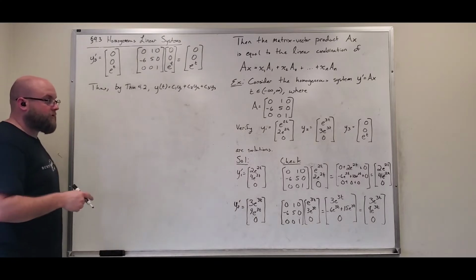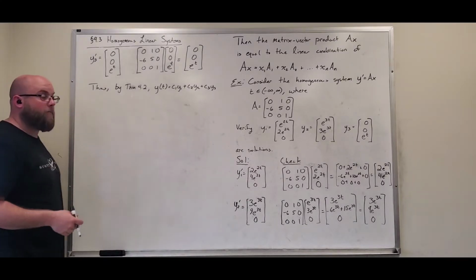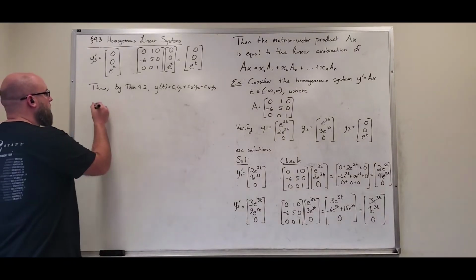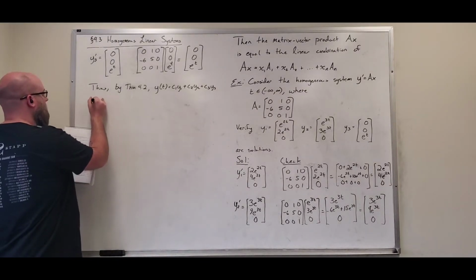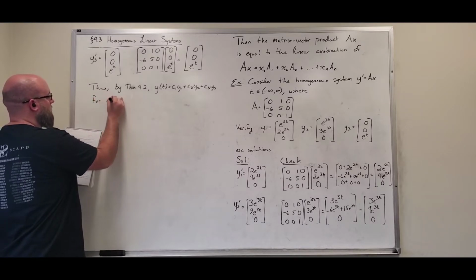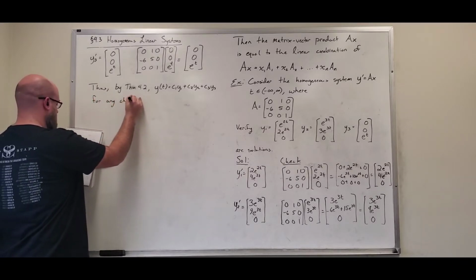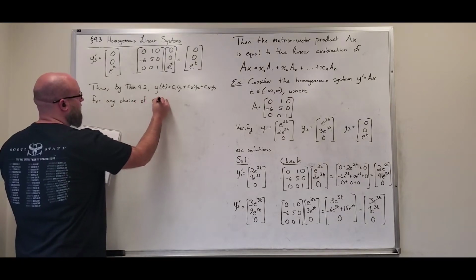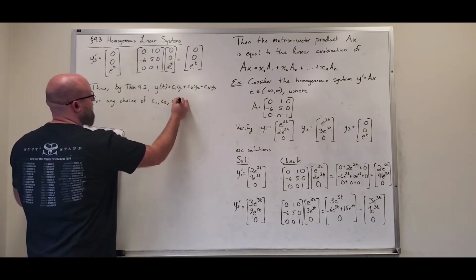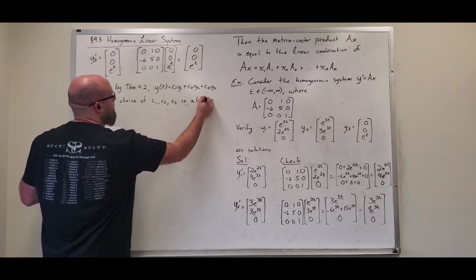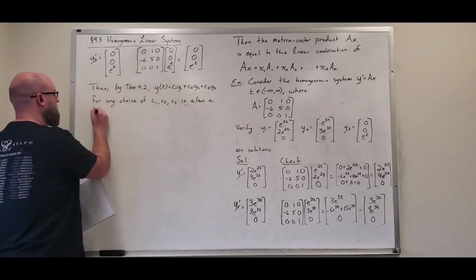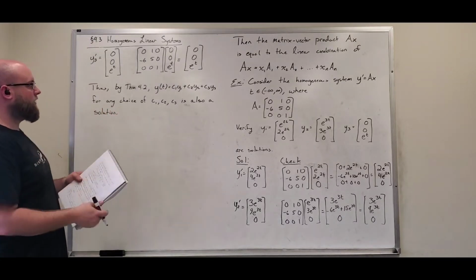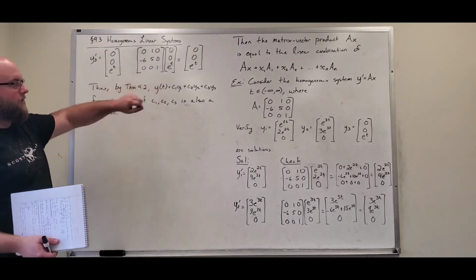So since we know that those 3 guys are solutions, any linear combination, that's again coming from the principle of superposition, for any choice of c1, c2, c3 is also a solution. So that's where that's coming from. Okay, so we know that this linear combination is a solution.